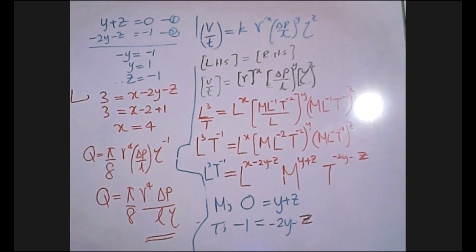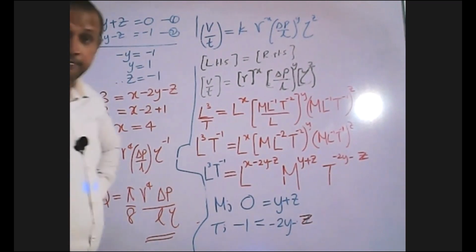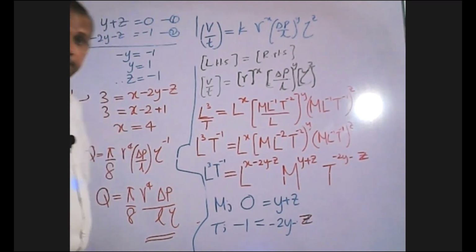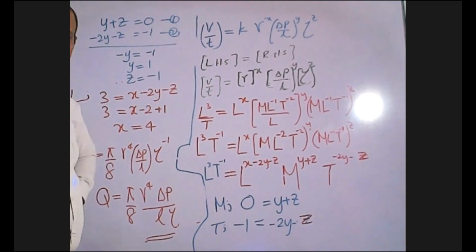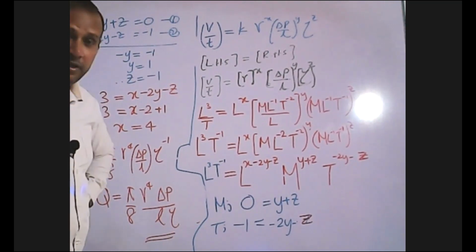Everyone, I need your response. Do you understand this one? I know you can understand the physics part of this question. There is no doubt. The other thing is mathematics.